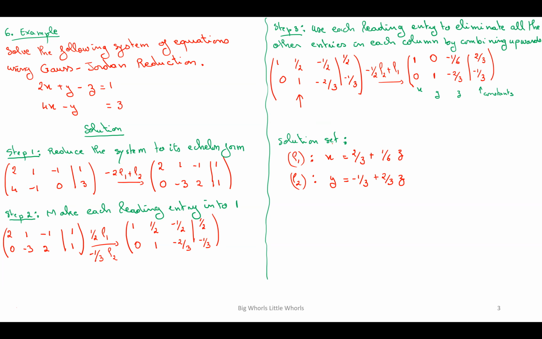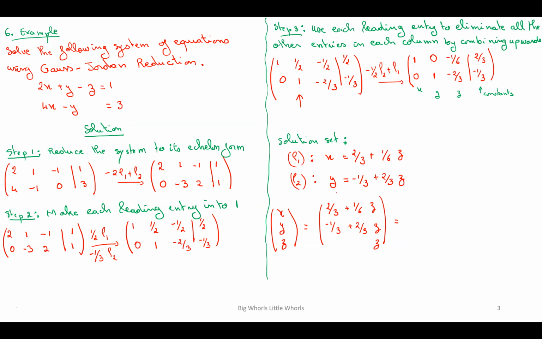So we are parameterizing the leading variables with the free variables, and in this system the only free variable we have is z. Now how do you write down the solution set? x, y, z is going to be equal to: our x is 2/3 plus 1/6 z, y is minus 1/3 plus 2/3 z, and z is just z.